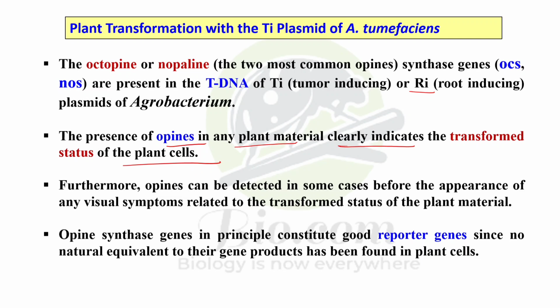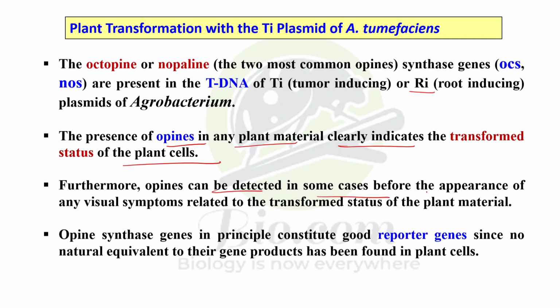Now see, if any plant has opine synthesis gene, then what does it infer? It infers that the plant is transformed with the Ti plasmid, क्योंकि Ti plasmid में ही तो है opine synthesis gene. So opine synthesis gene यानी कि octopine nopaline किसी plant में अगर show हो रहा है, it shows that it is transformed by the Ti plasmid.